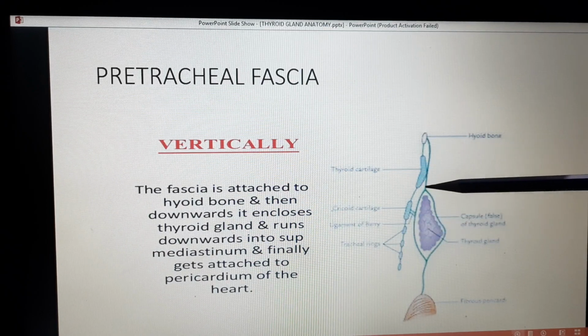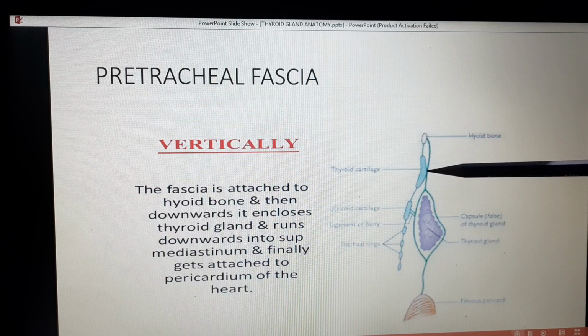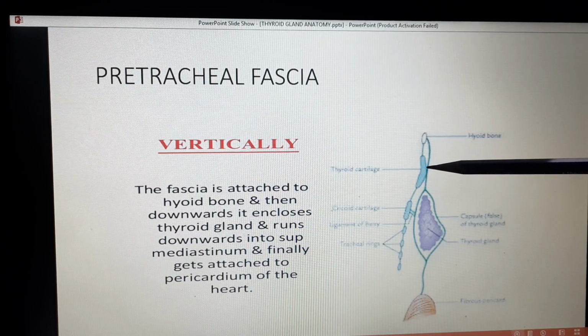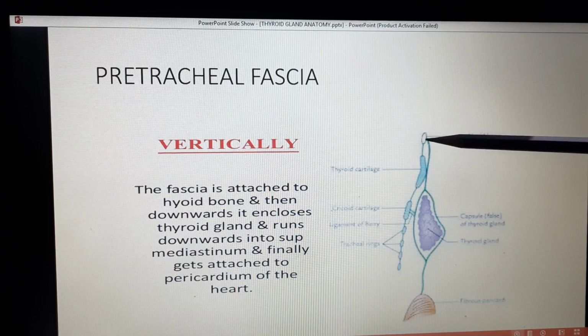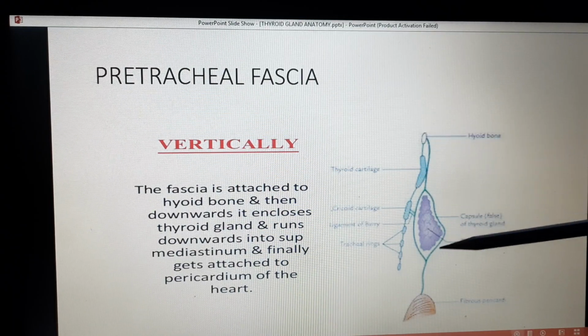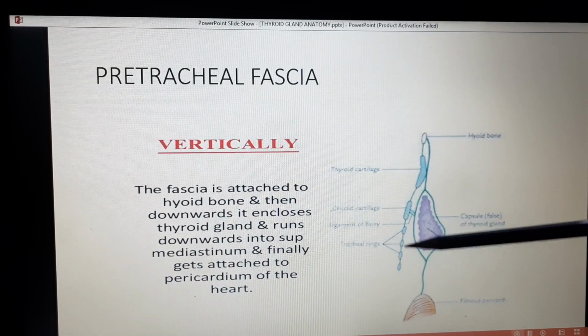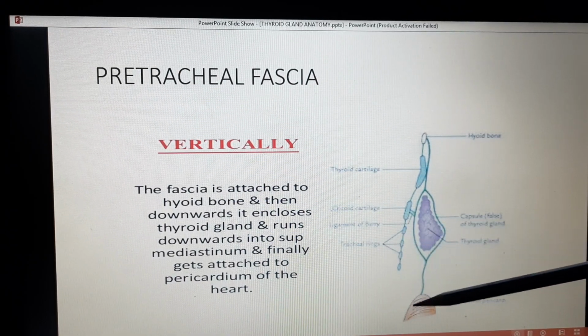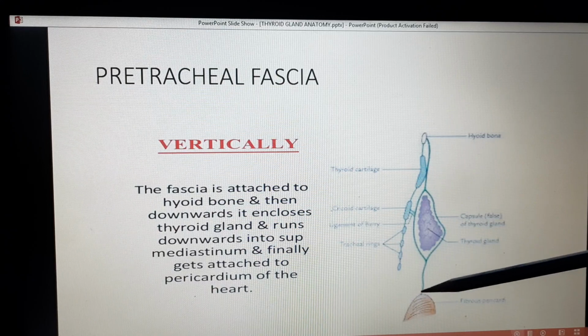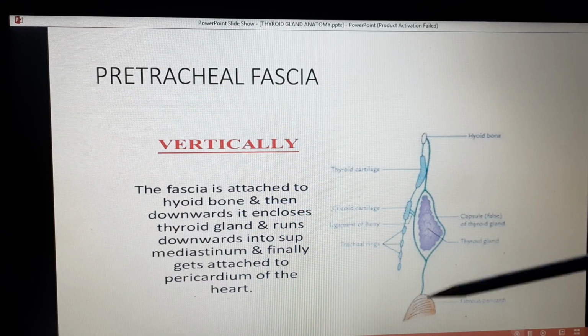In the upper part, this fascia also attaches to the oblique line of the thyroid cartilage, and further up it attaches to the hyoid bone. In the lower part, this fascia covers the tracheal rings and merges with the upper part of the fibrous pericardium.